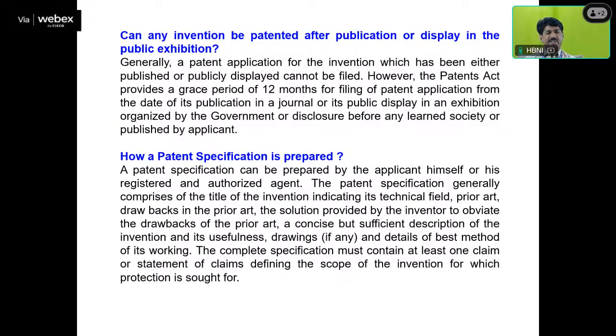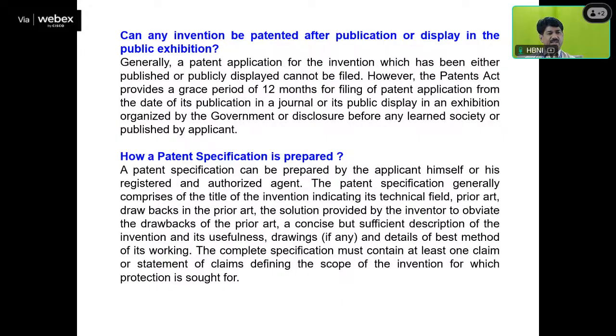Generally, a patent application for an invention which has been either published or publicly displayed cannot be filed. So normally people say that if the invention is already published in a journal, the patent will not be granted. But there is a rule.